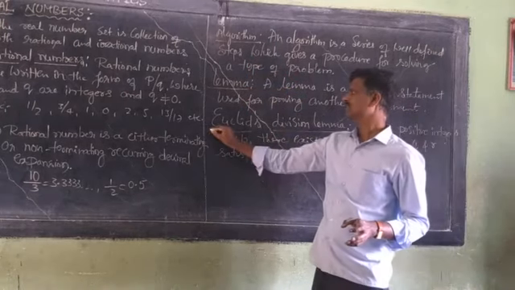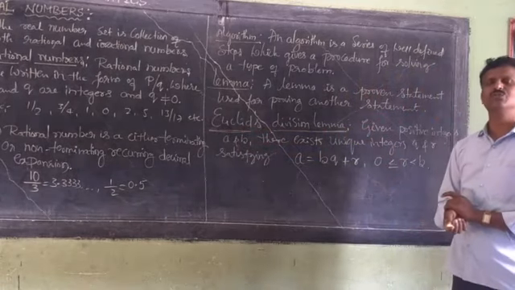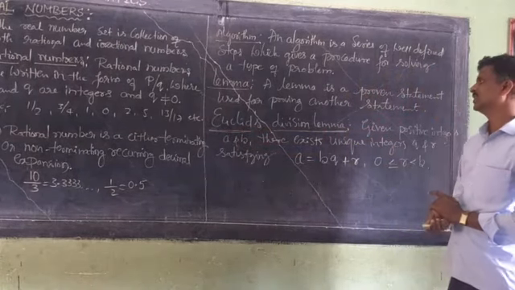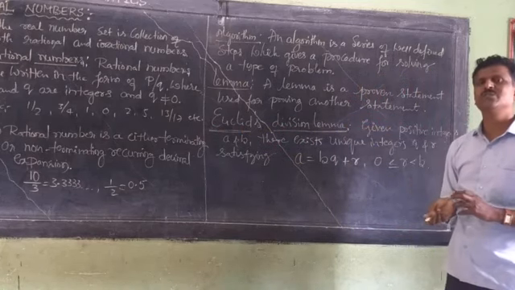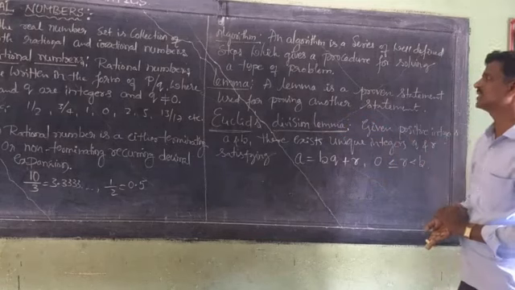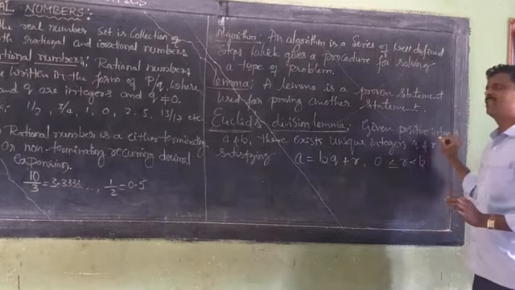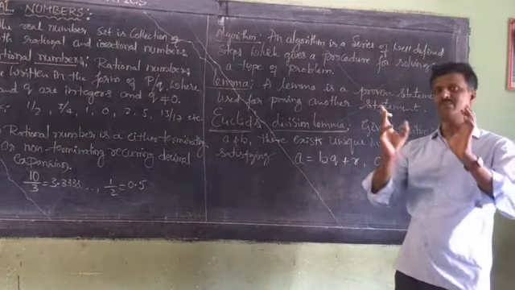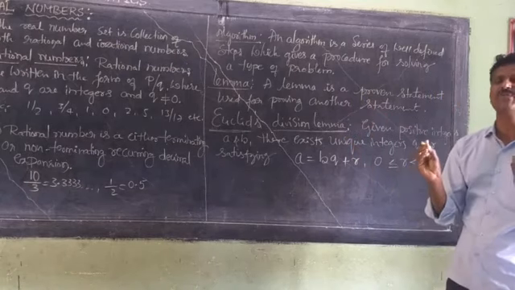Now we are discussing Euclid's division lemma. What is Euclid's division lemma? It is a lemma. Lemma means it is a proven statement used to prove another statement. Given positive integers a and b, we have to consider any two positive integers a and b.